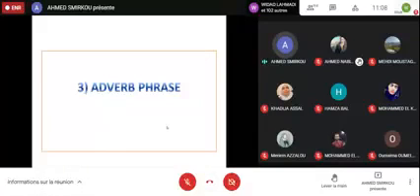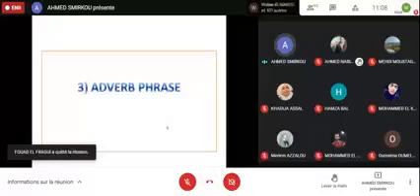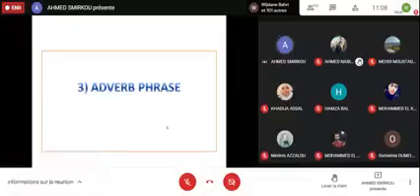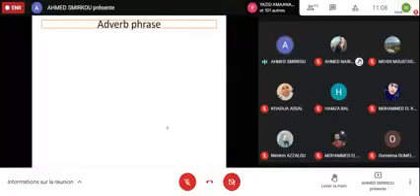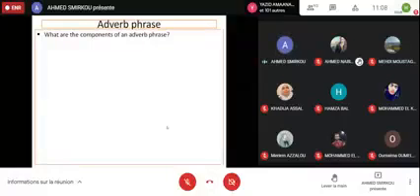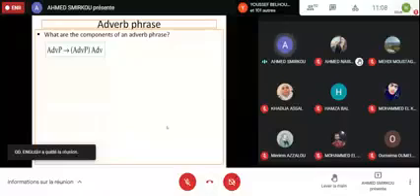Examples of adverb phrases: beautifully, very beautifully, etc. If you take any adverb phrase, you will find that it may consist of the adverb alone or the adverb pre-modified by another adverb phrase. This is the structure of any adverb phrase.